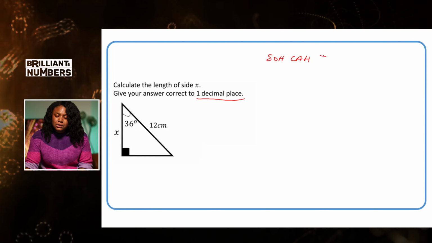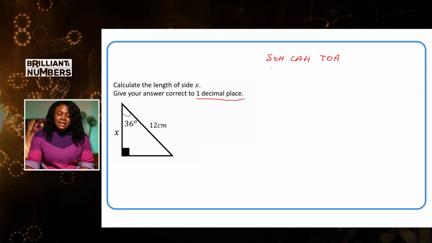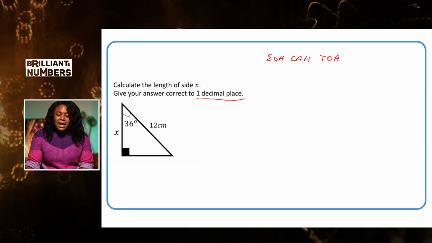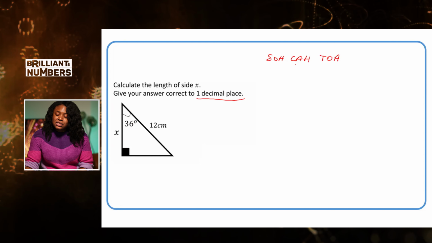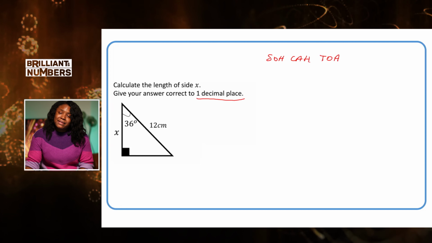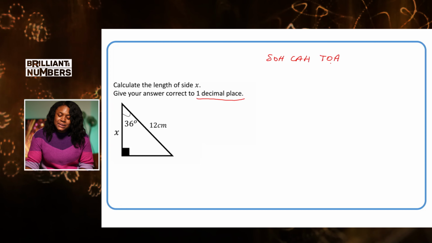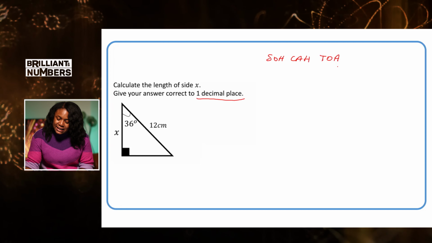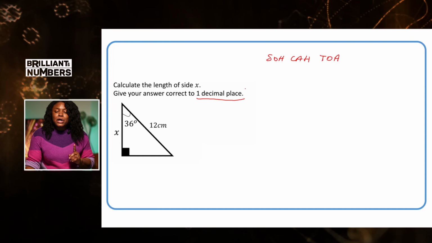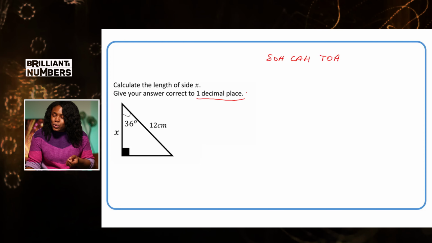SOHCAHTOA. So we know that S is for sine, opposite over hypotenuse, OH. The cos ratio is adjacent divided by the hypotenuse, and the tangent ratio is the opposite divided by the adjacent side. So remember, my reference point is always my angle.